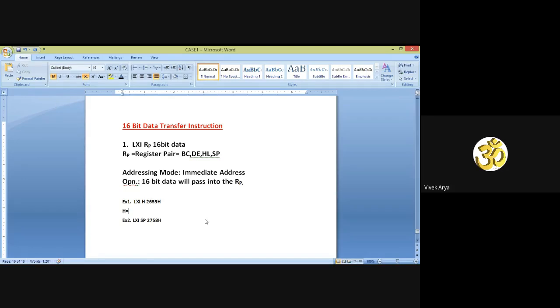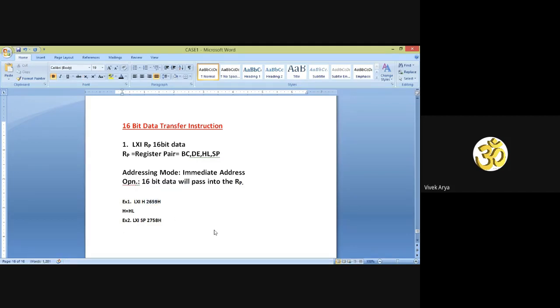That means H alone is not meant here, but this H indicates that both the H and L registers are available, due to which we can access 16-bit data. This 16-bit data will be loaded into HL. And this is SP, you all know.